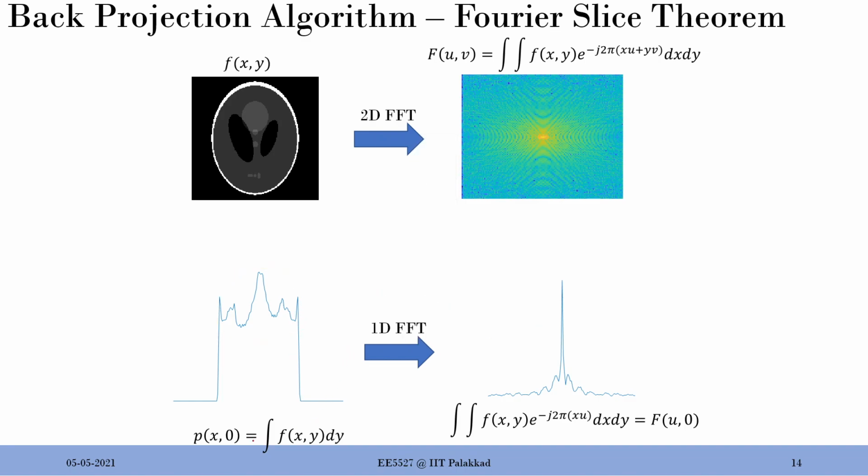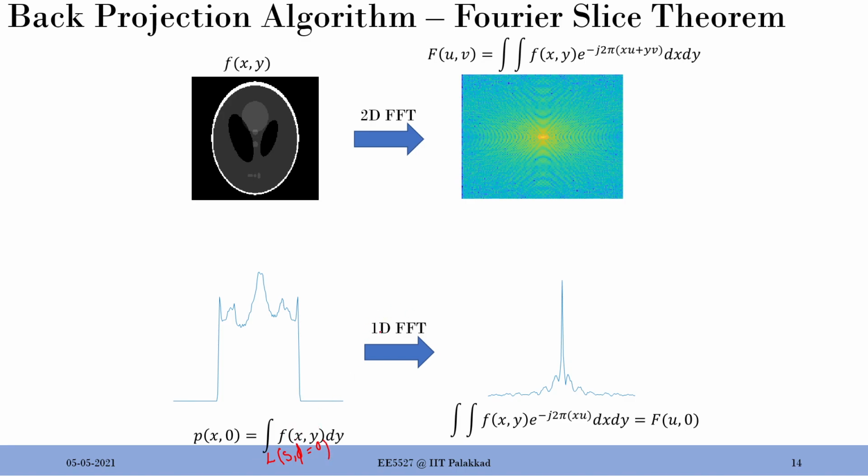So what is that? This is the expression for the slice. I'm going to take a line integral over a particular angle phi. In this case phi is 0, and s is that line; in this case s is equal to x, the horizontal line. So that is the expression.